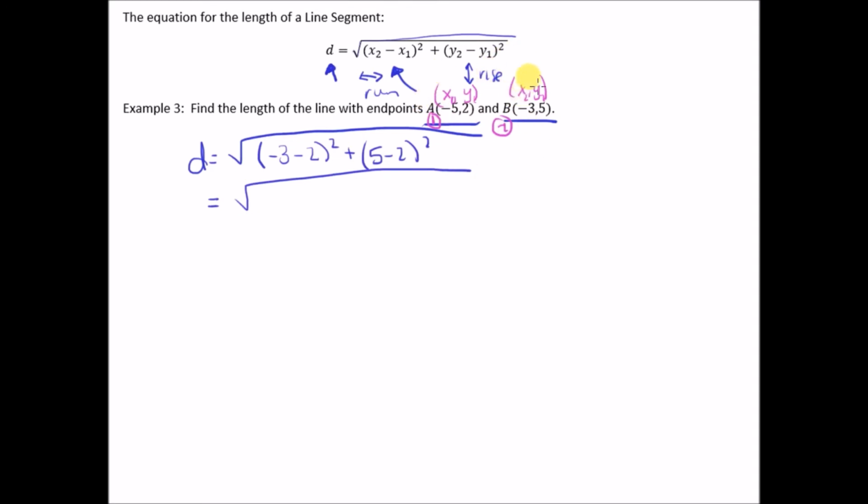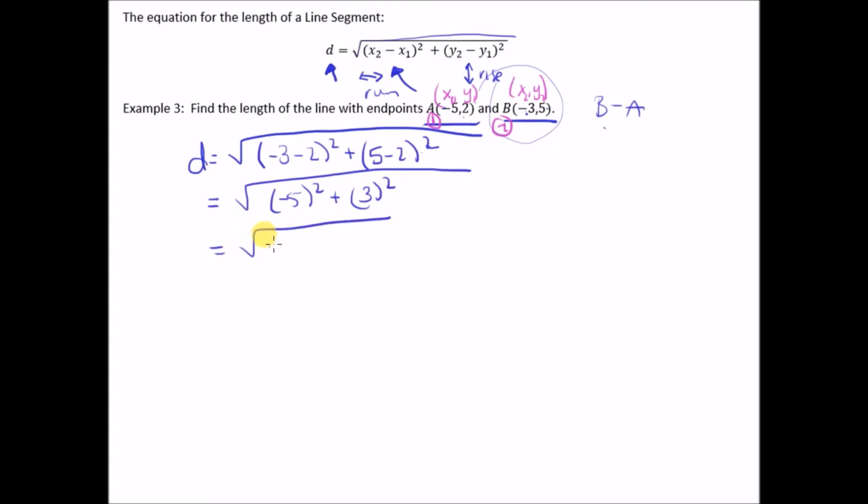If we're using B as the first point, it always has to be B minus A. So the x of the B minus the x of the A, or the y minus the y, okay? The y of the B minus the y of the A. Just be consistent. So I get negative 5 squared plus I get 3 squared.